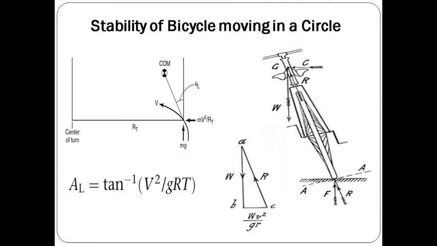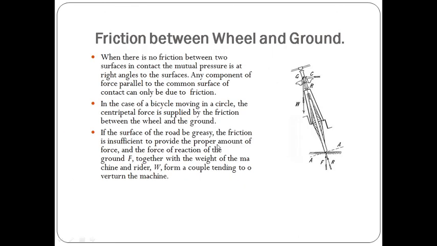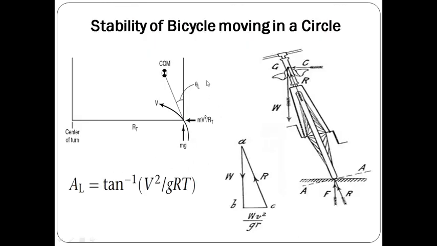So when the rider is moving steadily in a circle, in stable motion, the machine must be inclined at an angle, that is angle CAB, or angle theta L, to the vertical, so that the reaction R from the ground passes through the point G, or the center of mass, and then the bicycle will be stable.